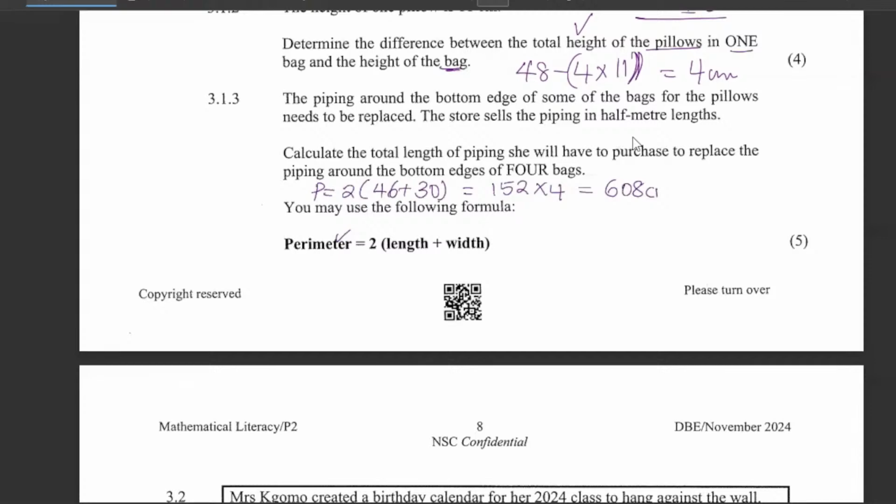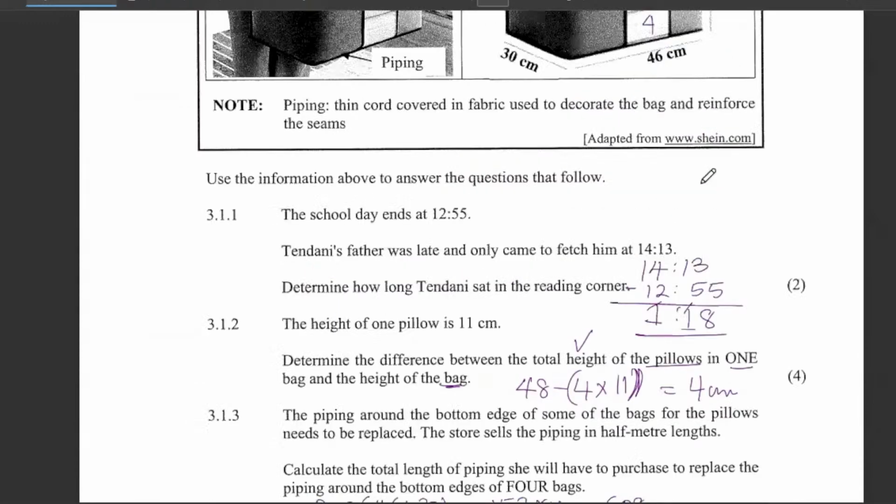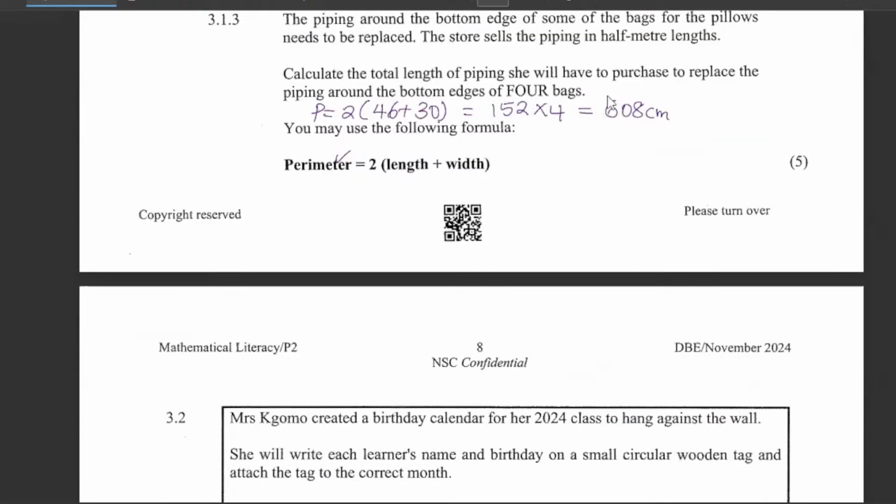This is still centimeters. Remember, they say they are sold in half-meter lengths. All right. So we need to change this into meters. If we divide by 100, you get your 6,08 meters.